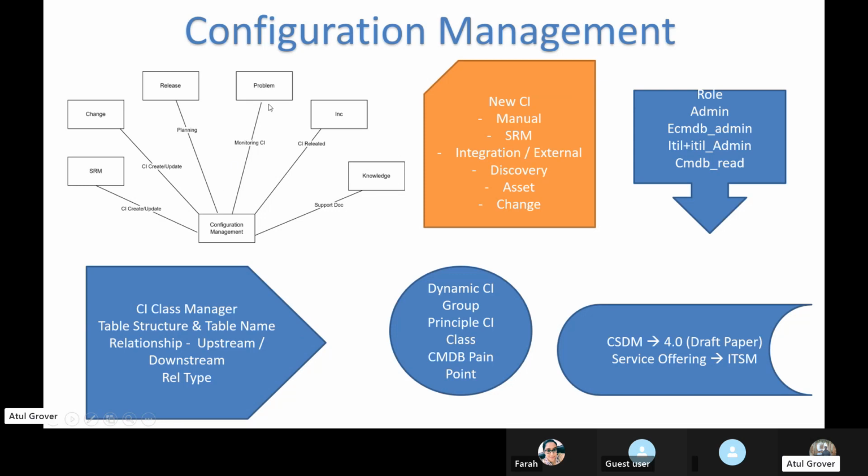Problem management is related because we have CIs on the problem records and we find a trend of how many problems are related to a particular CI. So it is used for monitoring the CI.